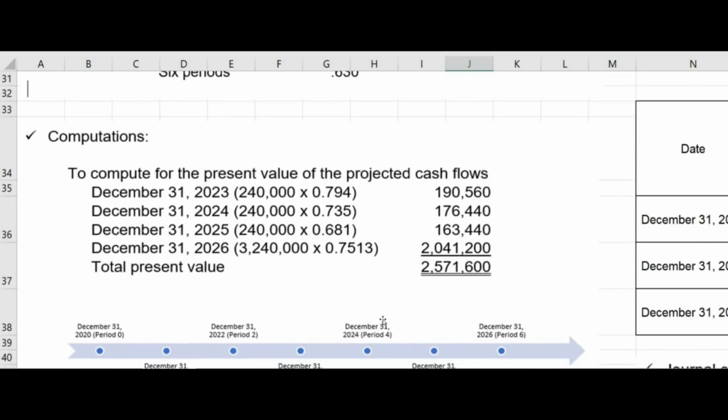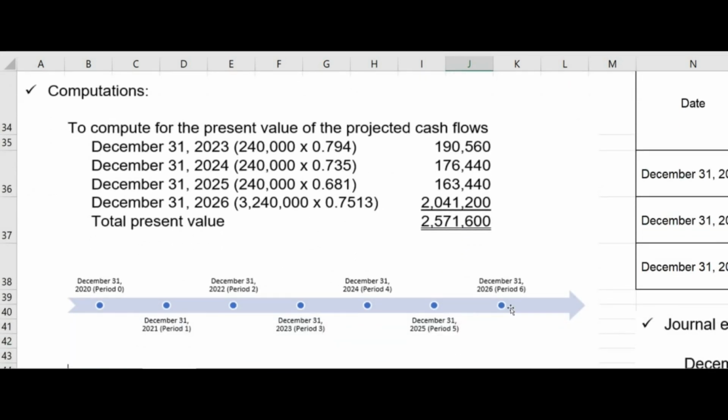And then lastly, yung sa period 6, yung sa principal na talaga na payment, plus interest, so you have 0.7513 yung factor niya. So, pag i-multiply yung factor with the amount of the projected cash flows, so you will get these amounts here. So you simply add them. So this is the present value of our loans receivable.